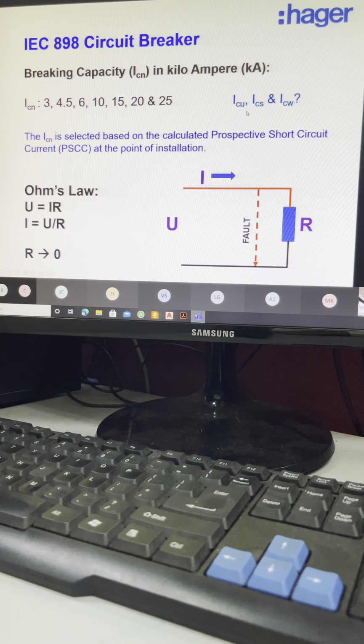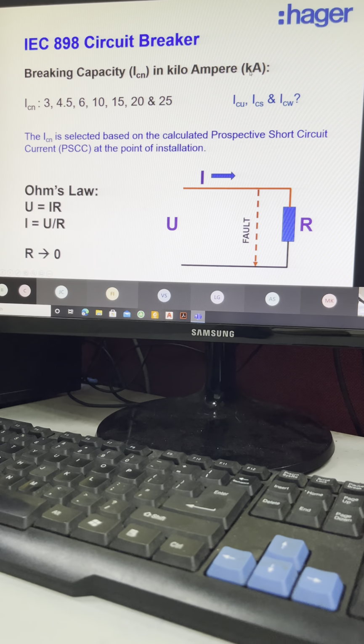If your breaker ICU is less than PSCC, there is a tendency that your breaker may not be able to clear the fault during short circuit. So ICU is the highest rated value for the breaking capacity in any circuit breaker.